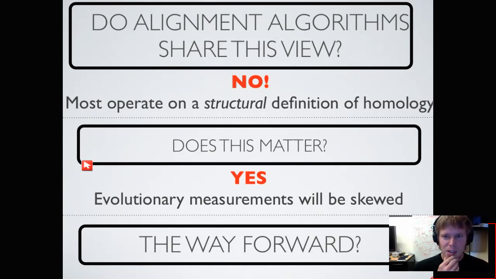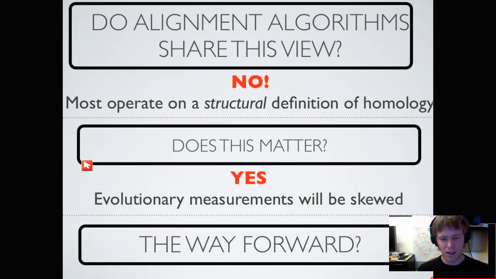So I hope I've convinced you that alignment algorithms don't necessarily share the view that an alignment is a summary of the evolutionary history. And I didn't go much into what structural homology is, but the core issue is that alignment programs are typically optimized for these per-residue metrics that are really useful if you're trying to predict secondary structure of a protein.